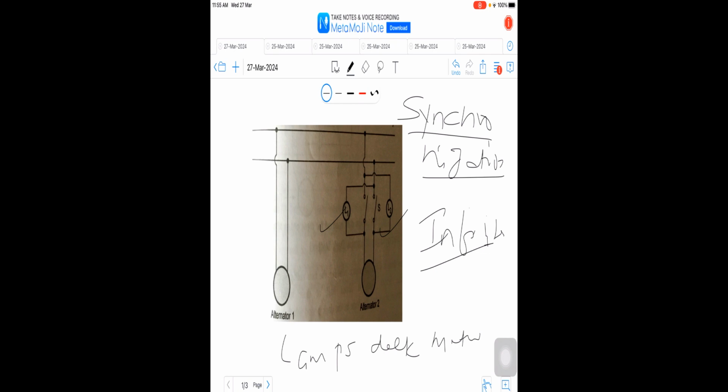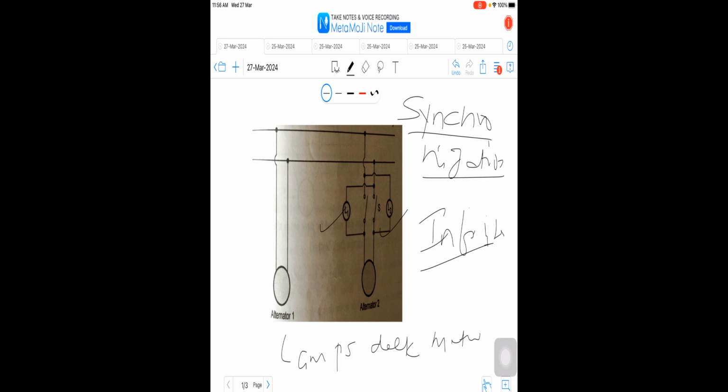Here the voltages of the two alternators are measured with the help of a voltmeter, and the lamps are connected in such a way that the polarity and the frequency of both machines can be checked simultaneously. If the frequencies of the two alternators are the same and their voltages are in exact phase opposition, no resultant voltage will appear across the switch terminals.